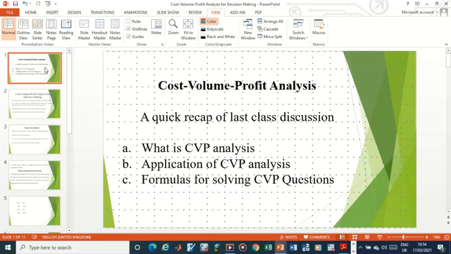By now, I expect that you should know the meaning of CVP analysis, the application of CVP analysis, and the different techniques that we use CVP analysis for, then the formulas for solving CVP questions.